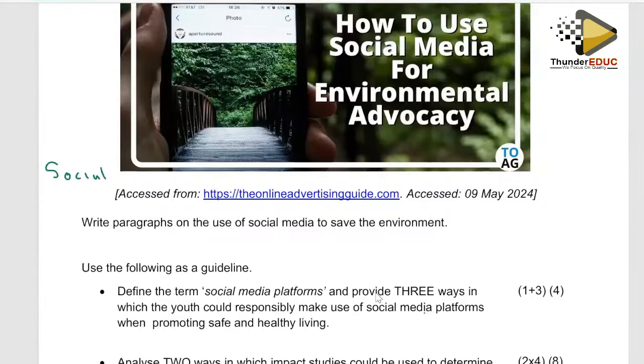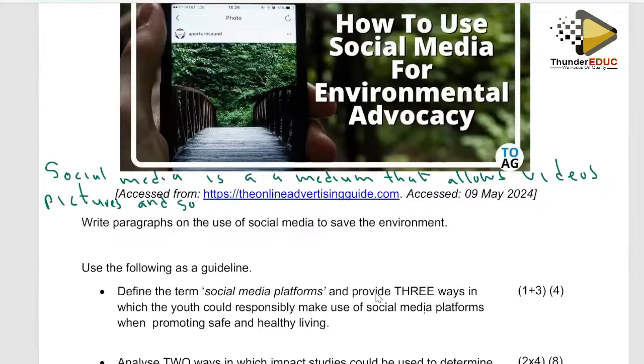Social media is a medium that allows videos, pictures, and sounds to be shared to the public via the internet.